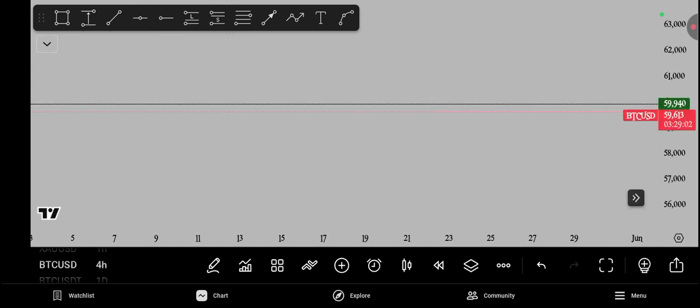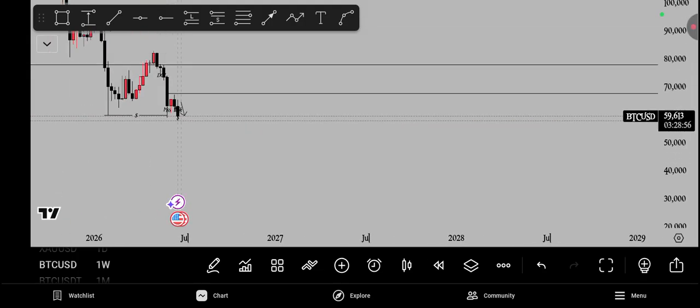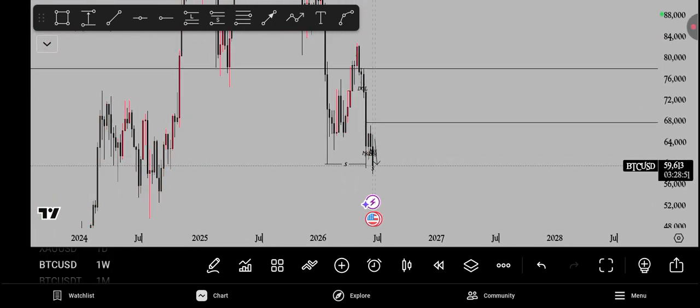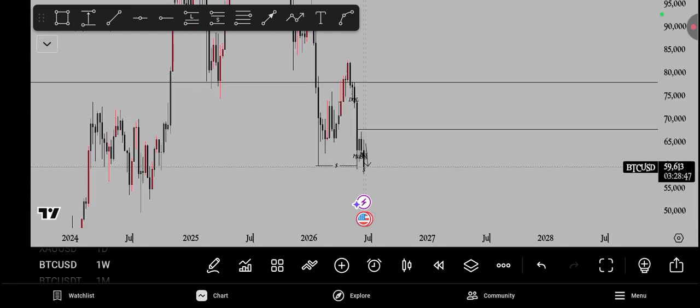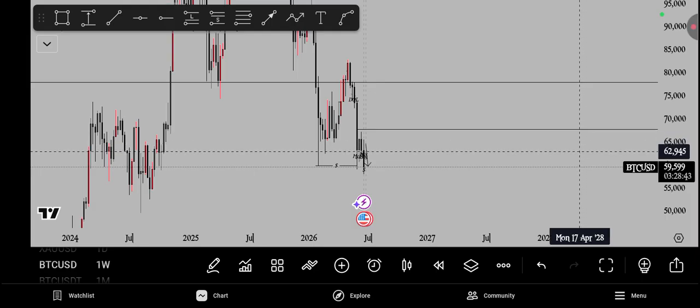Let me go to the weekly time frame and see what BTC is saying first. In essence, we are bearish on BTC.